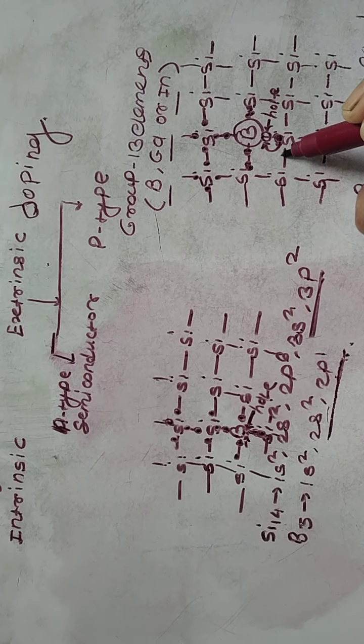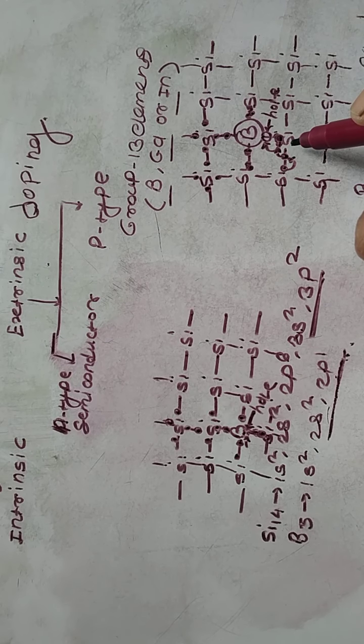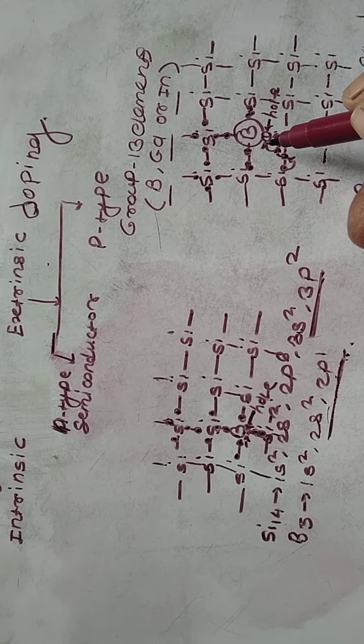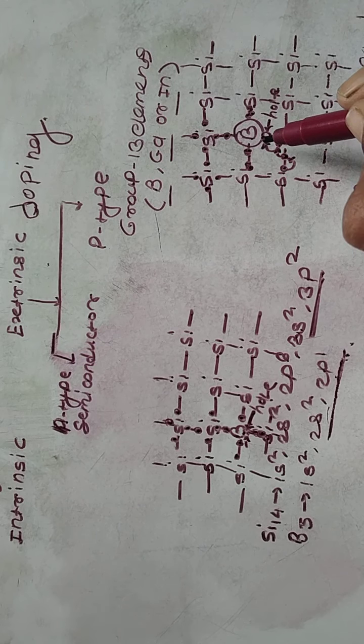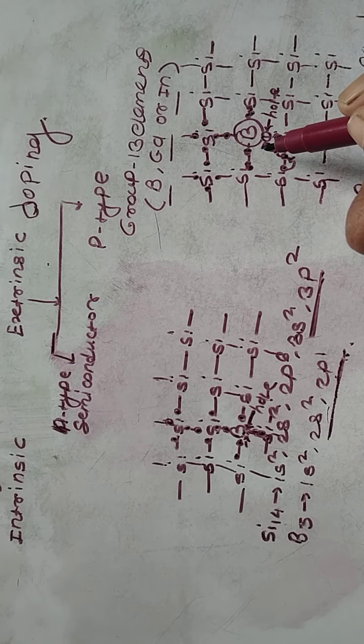Again an adjacent electron can shift here, and again a hole is generated, and again the adjacent electron shifts and a hole appears. That means the positive charge, the holes, move in the opposite direction.